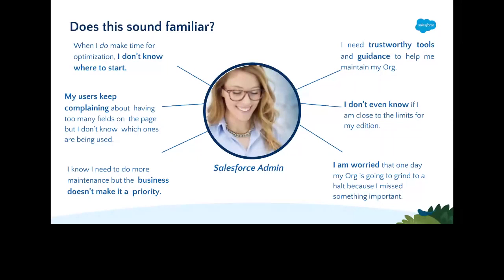I need trustworthy tools and guidance to help me maintain my org. I don't even know if I am close to the limits of my edition, or I am worried that one day my org is going to grind to a halt because I missed something important. So how many of you does this sound familiar to? Have you had any thoughts about these?